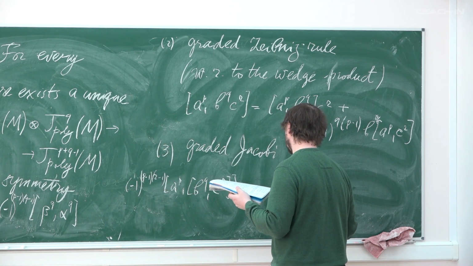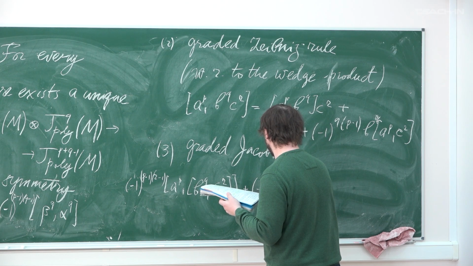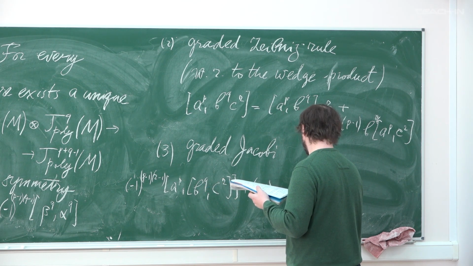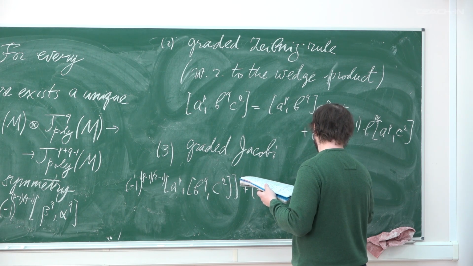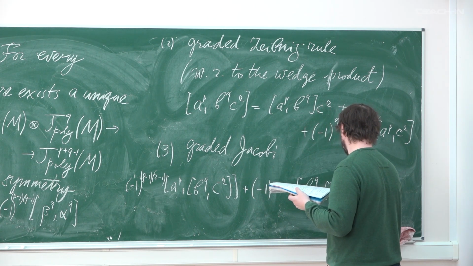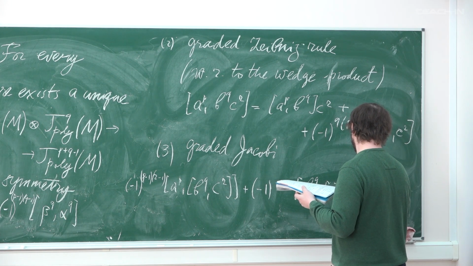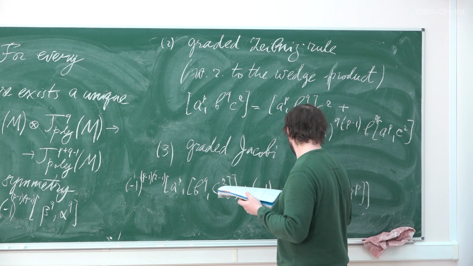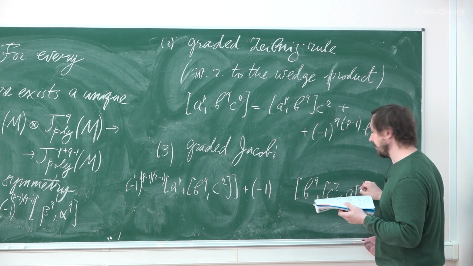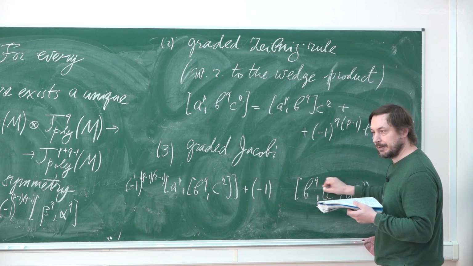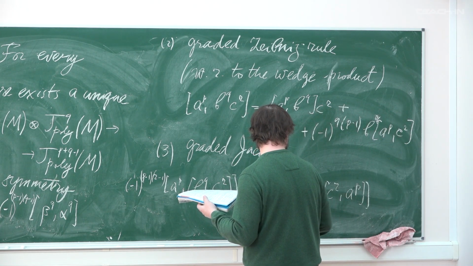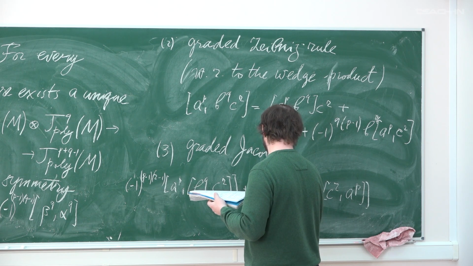Fortunately, this sign will be very regular. If you rotate it, you put B in front, A at the end and C in the middle, and again the sign will be equal to (-1) to the power (q - 1)(p - 1). So you take the elements on both ends and take their signs.